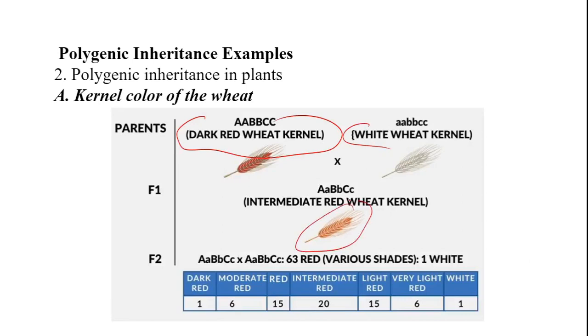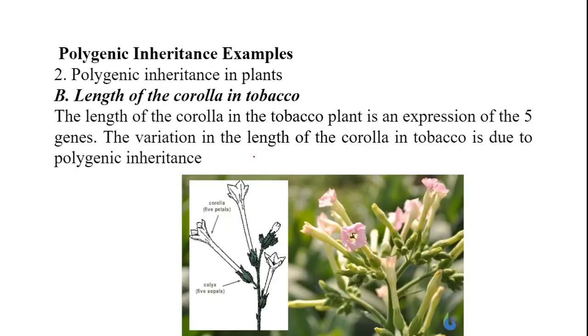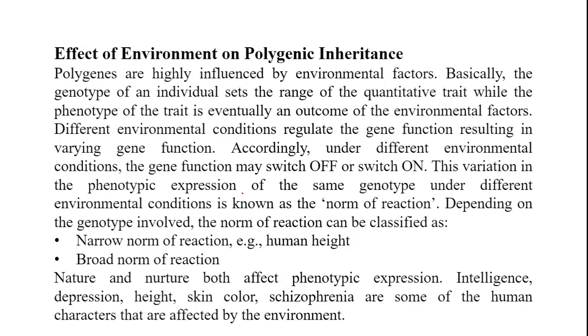It shows an intermediate color in the F1 generation, and in F2 it produces the ratio 1:6:15:20:15:6:1 if the number of genes increases. The length of the corolla in tobacco is also an example of polygenic inheritance. We know long corolla, short corolla, and intermediate corolla are classical examples here.